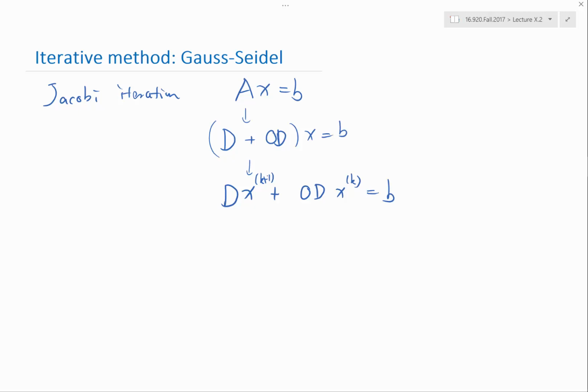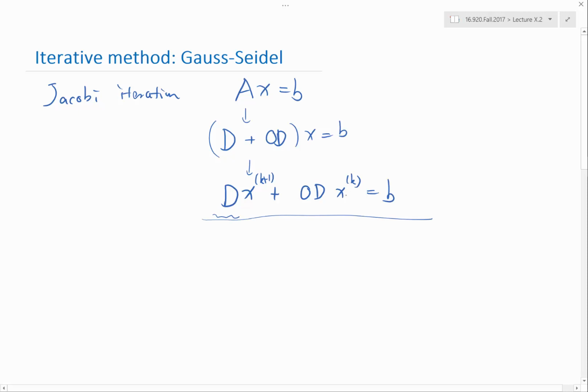we just keep iterating in the index k, and under certain conditions we can converge in the sense that when x of k is equal to x of k plus 1, almost, then we almost solved this equation. So that's Jacobi iteration. And why is it beneficial to do this? Actually, this formula is practical because inverting D is very easy, right?